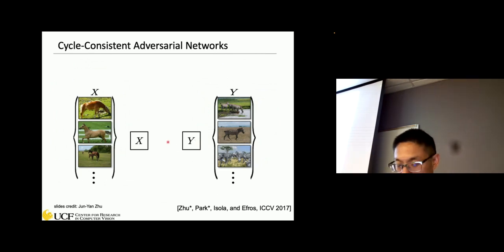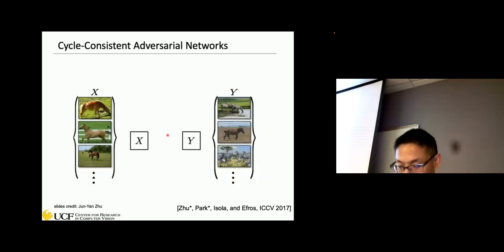Here is maybe an easier case to understand. If I want to translate from horse to zebra, you cannot find a horse and its corresponding zebra. It's not possible. So what you can do is collect a bunch of horse images. You can also collect a bunch of zebra images, but they are not one-to-one paired.